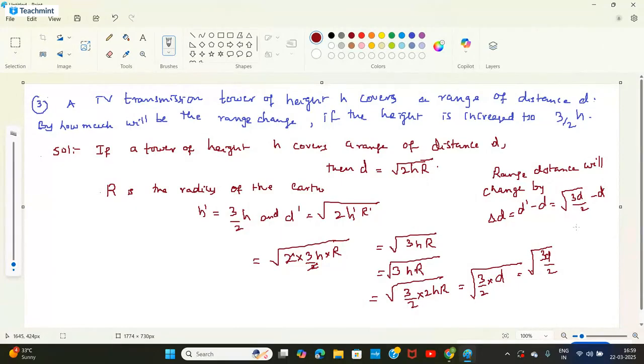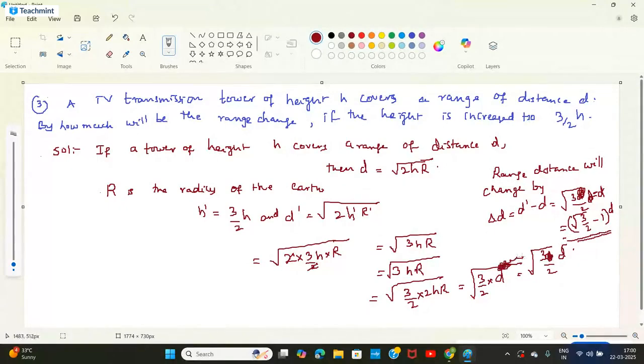Yes, minus D will come, and that is equals to under root 3 by 2 into small d, and this will come 3 by 2 into small d, minus d is there, that is equals to under root 3 by 2 minus 1, and taking d common here, and the range change of distance is given by under root 3 by 2 minus 1 into d.